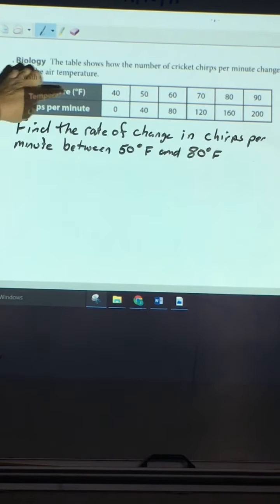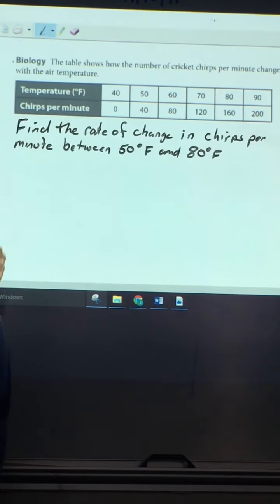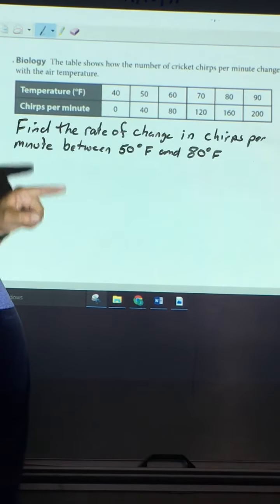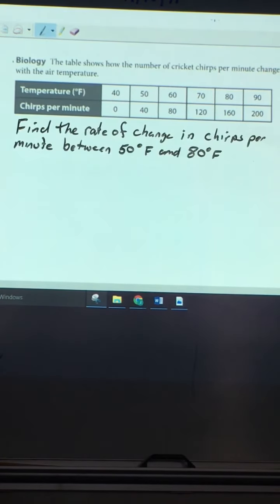Your chirps at 40 degrees, you have no chirping. But as soon as it turns 50 degrees, you hear about 40 chirps per minute. Then you hear 80 chirps, 120 chirps, 160 chirps, and finally 200 chirps.